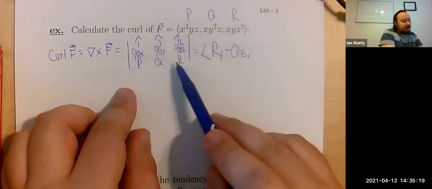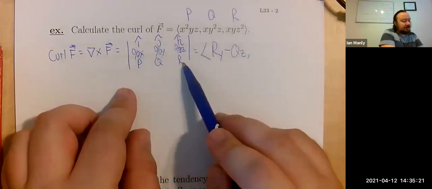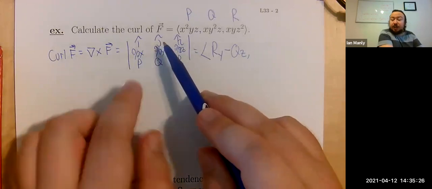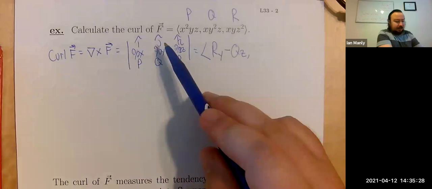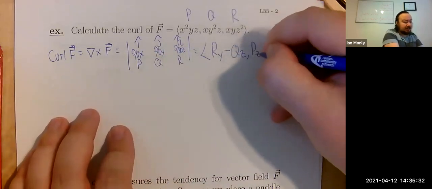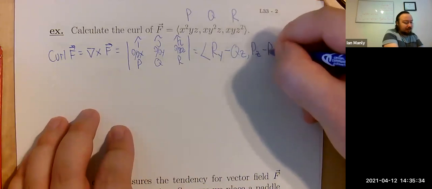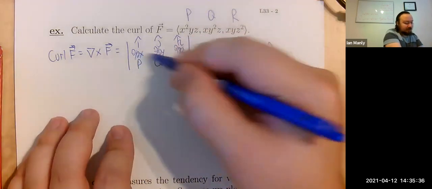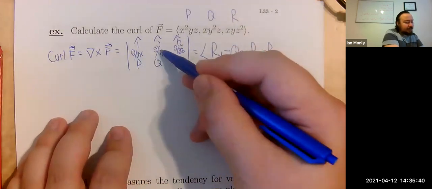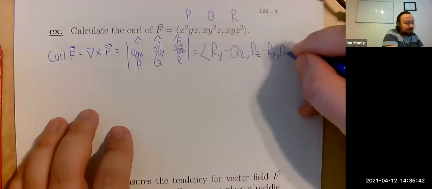I have the x derivative of R minus the z derivative of P. But remember, j flips things around right here. So I'm really going to do the z derivative of P first. So I flip the sign, and then I subtract the x derivative of R. This times this. And then finally with k hat, I have Q x minus P y right here.